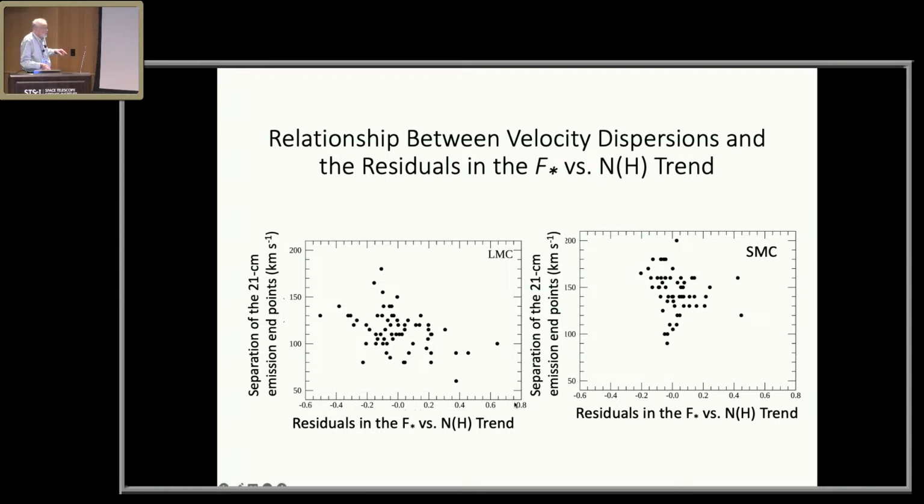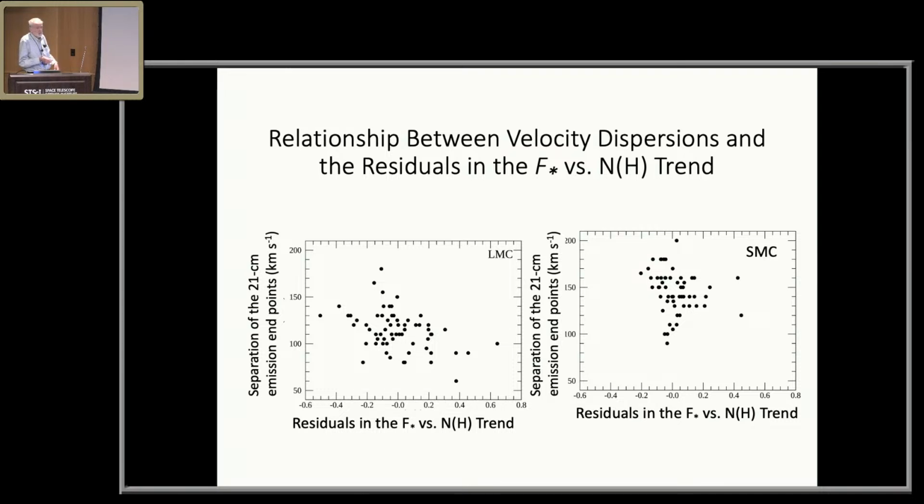Here are the residuals. You have an excess in this region and a deficiency here. That seems to, at least in the LMC, correlate with the spread in velocity that you can see at the extremes of the 21 centimeter profile in that direction. So gas that is more stirred up has a weaker depletion. Again, that's what you would expect intuitively.